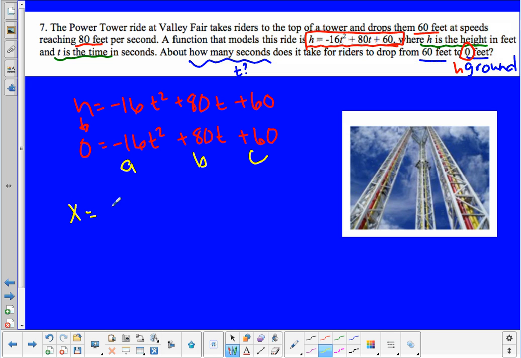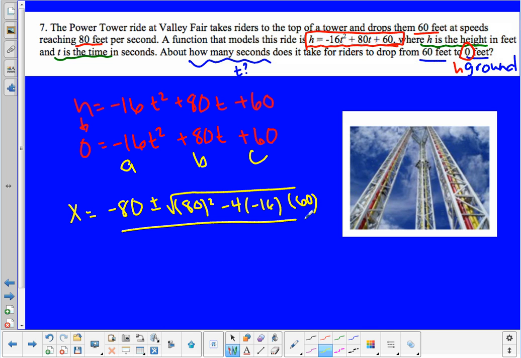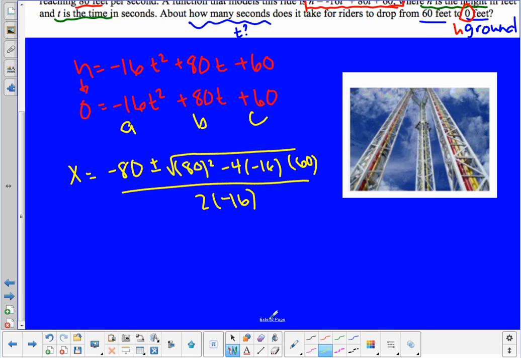X equals negative 80 plus or minus square root of 80 squared minus 4 times A times C all over 2 times A. And then I go through the steps just like I did on all the previous questions.